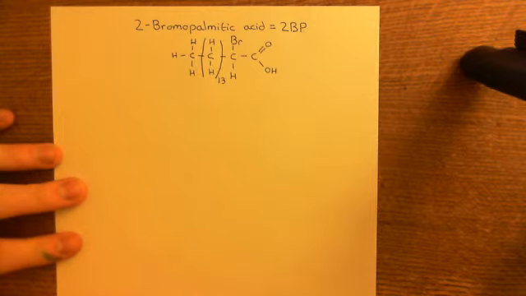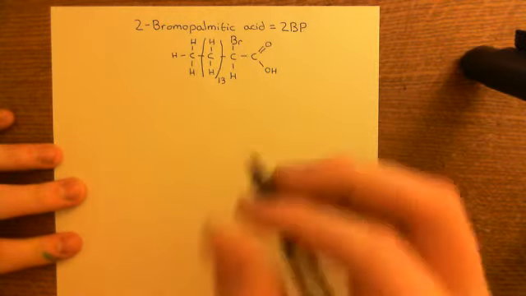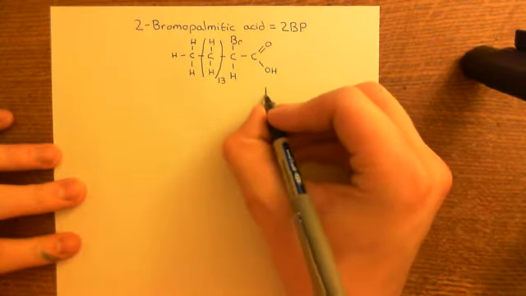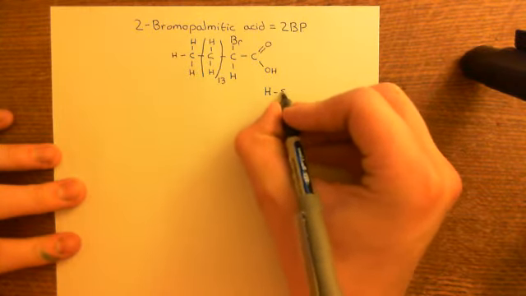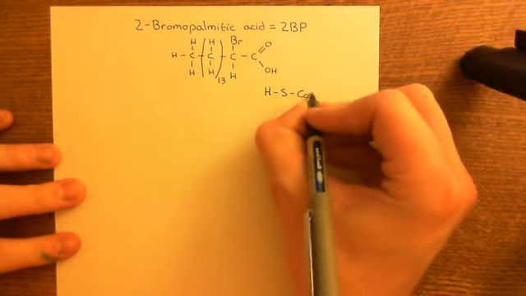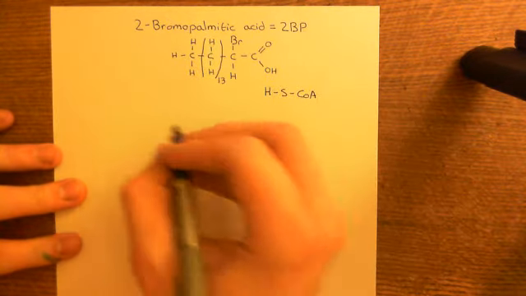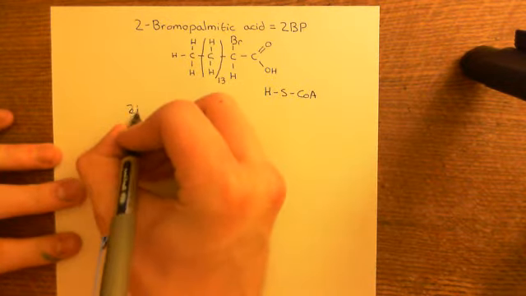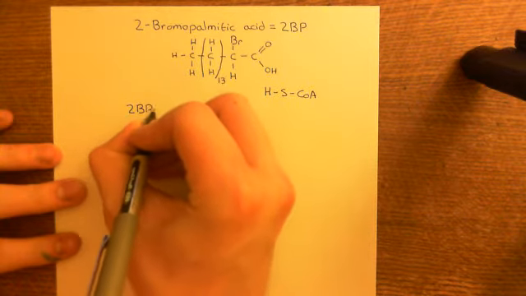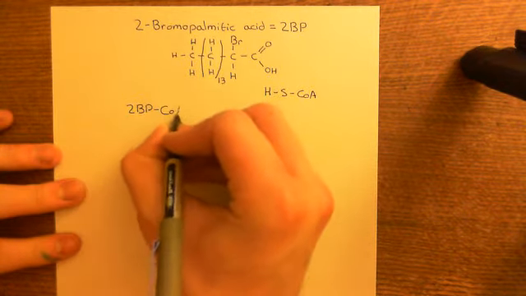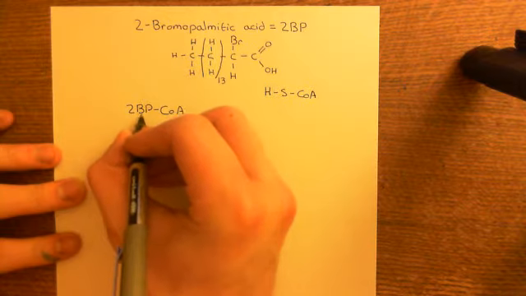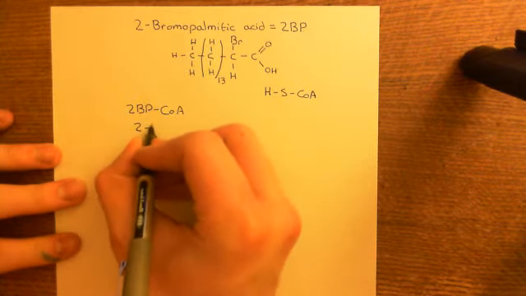Now, as soon as you put it into cells, what happens is that it joins on with coenzyme A molecules, just like the normal palmitic acid would, and it forms 2-bromo-palmitoyl-CoA, okay, which is often abbreviated to 2BP-CoA. So I'll write it out in full.